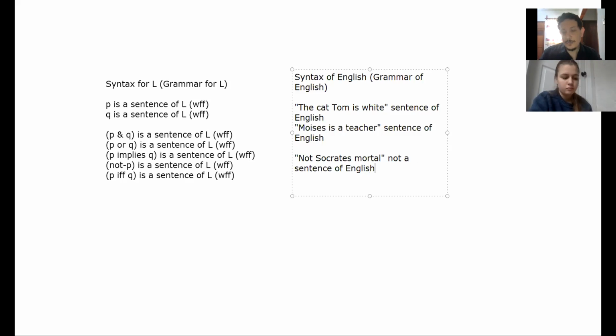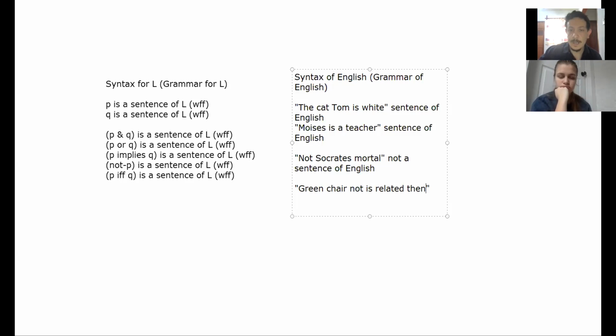I can put together a bunch of nonsense expressions that have English words but don't mean anything at all. So that doesn't mean anything either. It's just a combination of symbols with no meaning.